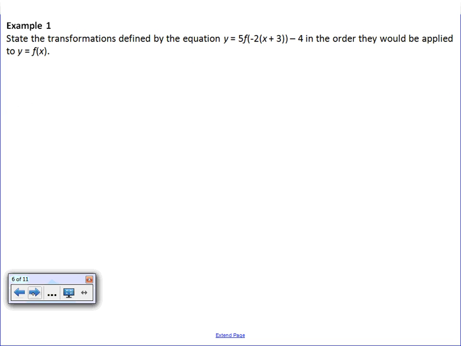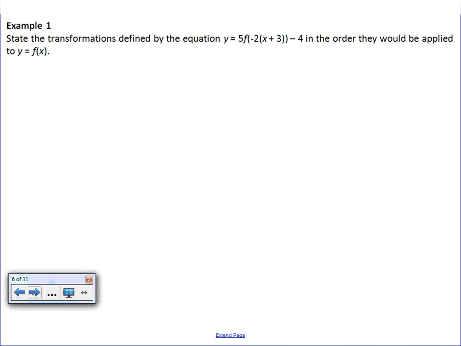Okay, let's do some. Example 1 says, state the transformations defined by the equation y equals 5 f of negative 2 times (x plus 3), minus 4, in the order they would be applied to y equals f of x. What I'm expecting here is a bulleted list of the transformations in the correct order.